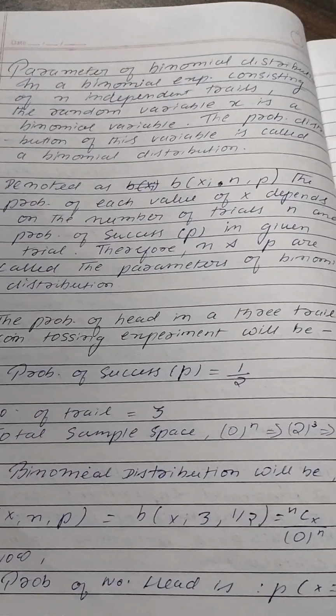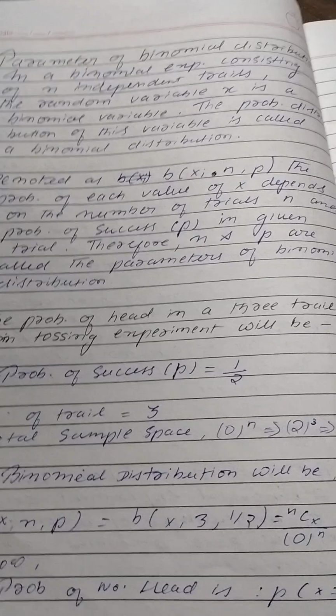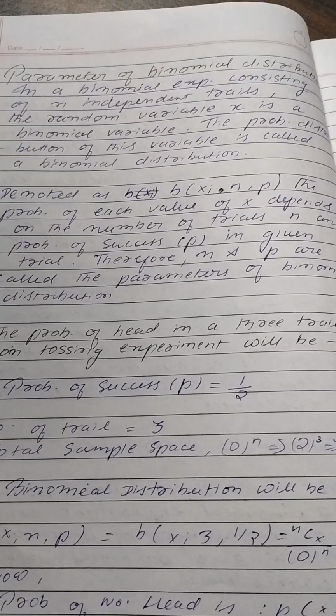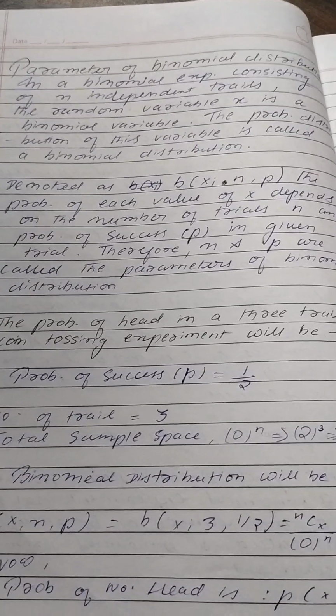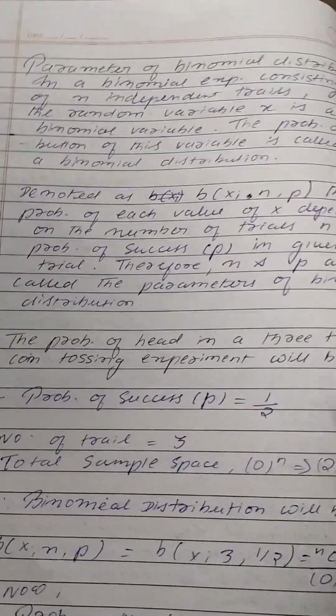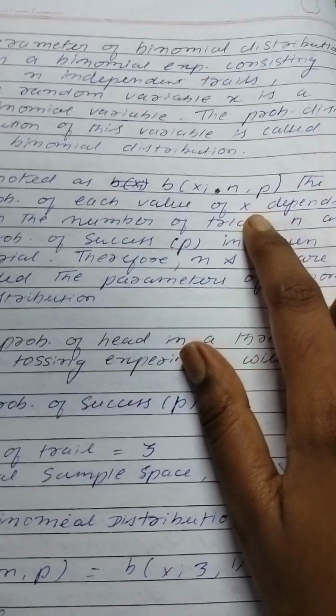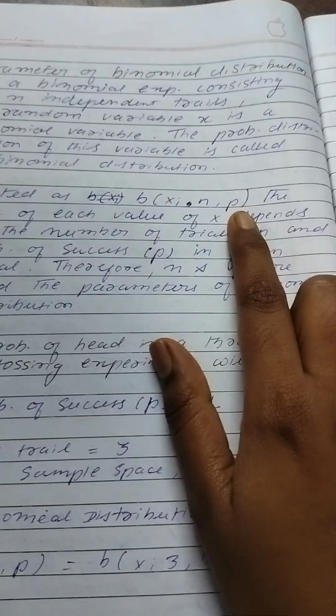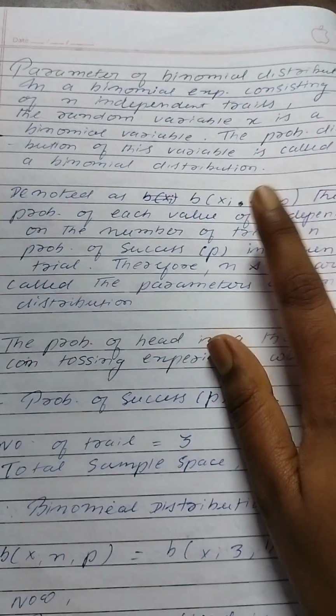These are the two things you have to get from the question, so n and p are used as parameters of the distribution. Whether x is equal to 0, 1, 2, n and p are constants which are given in the question.